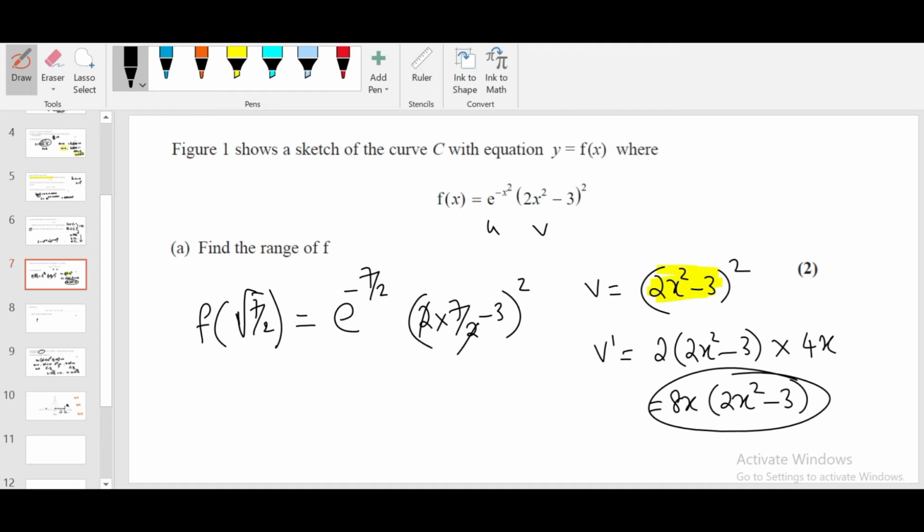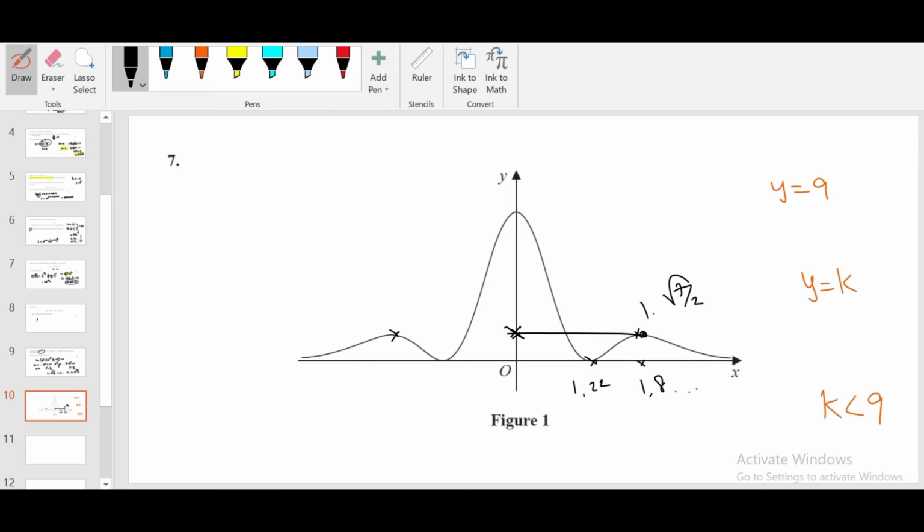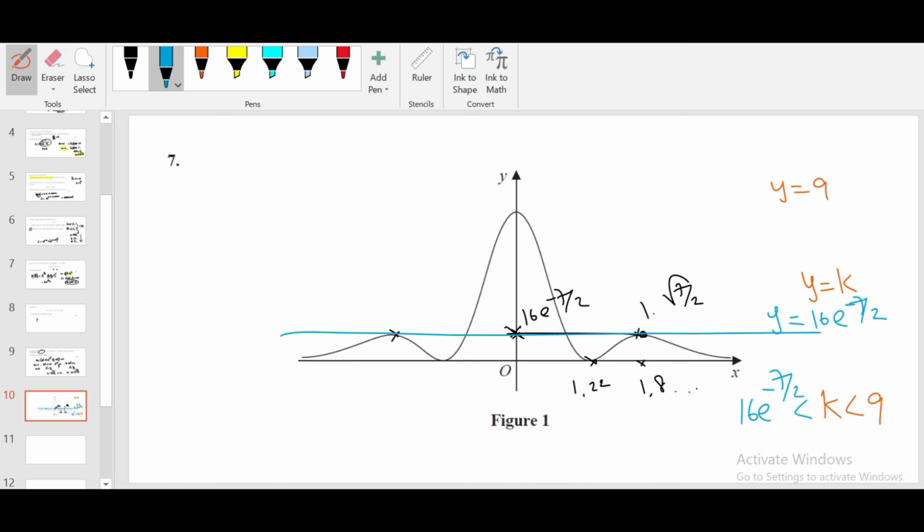This becomes 4 square is 16. So 16 e power minus 7 over 2 is the y coordinate of the point. So basically, if you draw a line here, its y is equal to 16 e power minus 7 over 2. So the k will be greater than this or less than line. That's all.